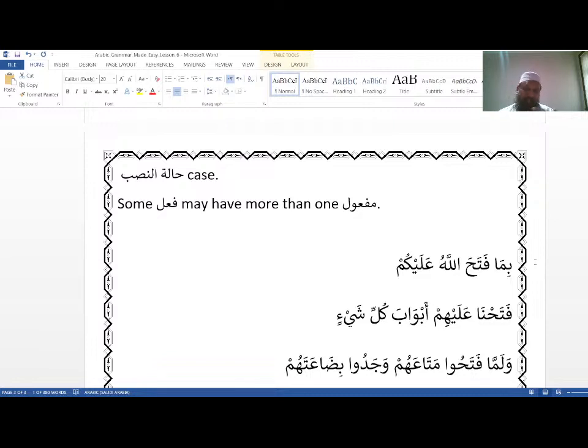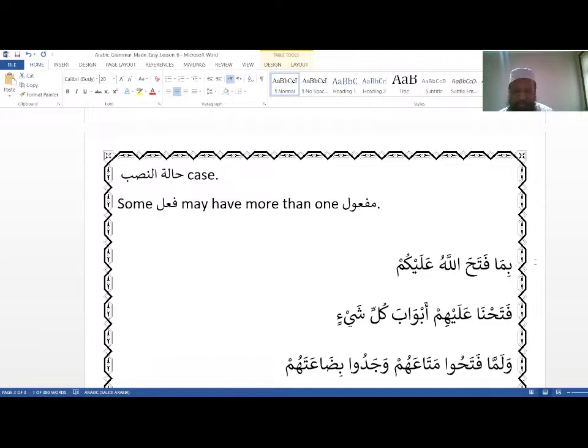So when they came home, walamma fatahu, they opened mata'ahum. Hum here means possession, their luggage. When they opened their luggage, wajadu, another verb.